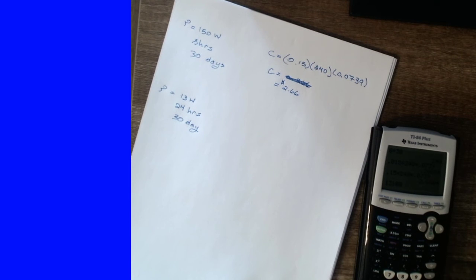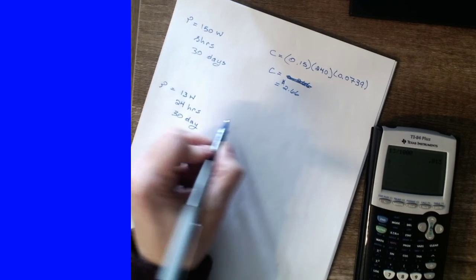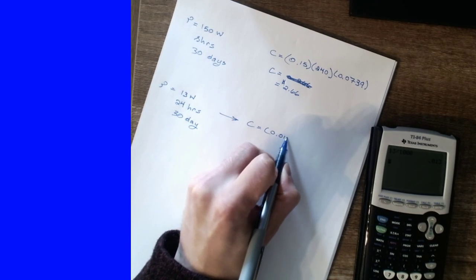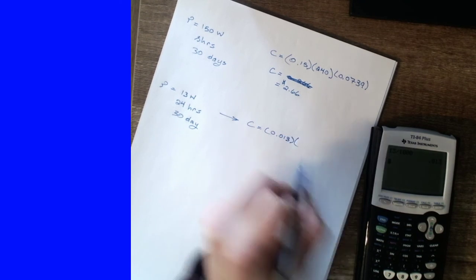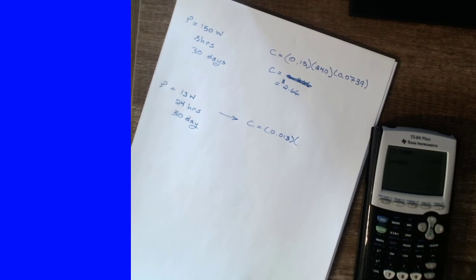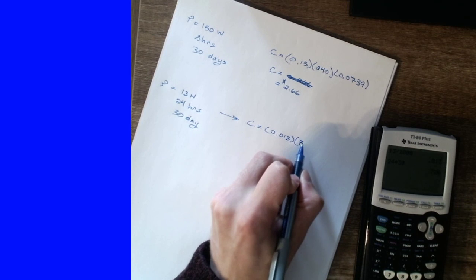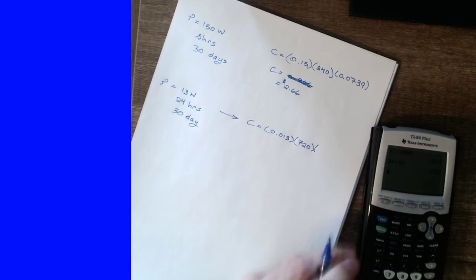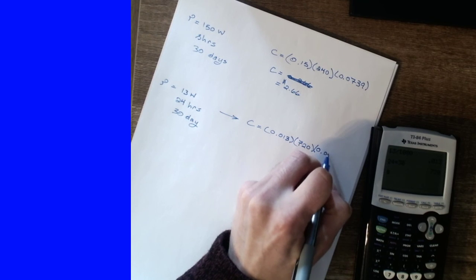So 13 divided by 1,000. The cost will be 0.013 multiplied by, well, what's 24 times 30? That's 720 hours within the month, multiplied by the 0.0739.